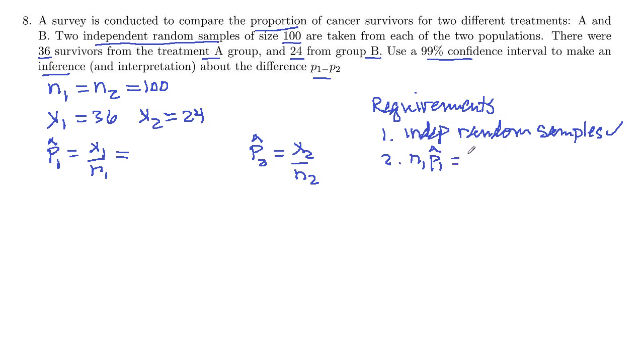So N1 is 100. And then times our P1 hat, well, it's just going to give X1, which is 36. 36 over 100 is 0.36. And then this one will be 24 over 100, 0.24.